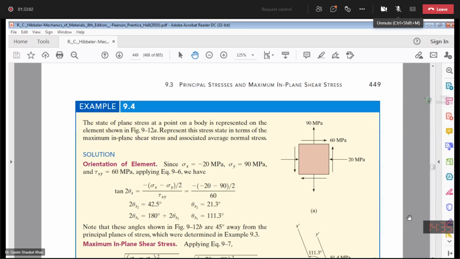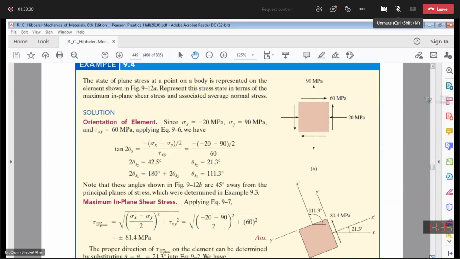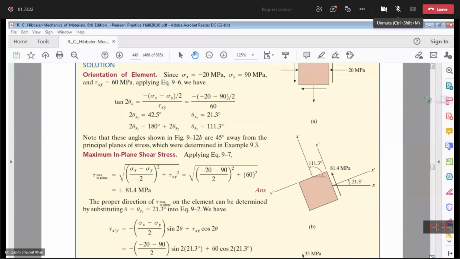The other way around is you can directly calculate it from here.